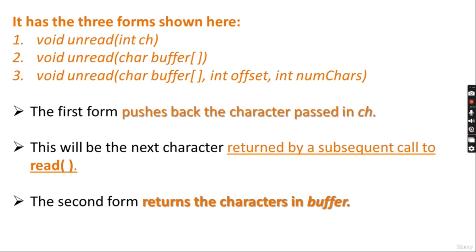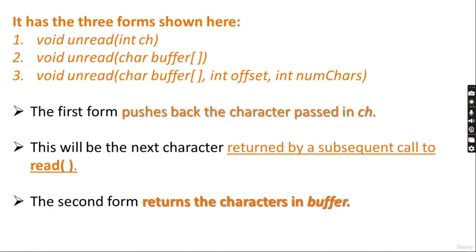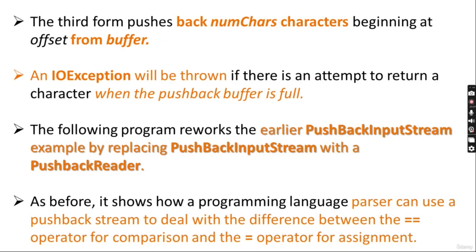The second form returns the characters in buffer, whatever characters are there in the buffer provided in brackets. The third form pushes back numChars characters beginning at offset from buffer. An IOException will be thrown if there is an attempt to return a character when the pushback buffer is full.